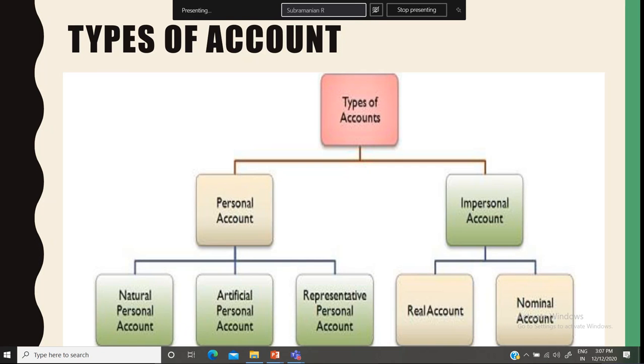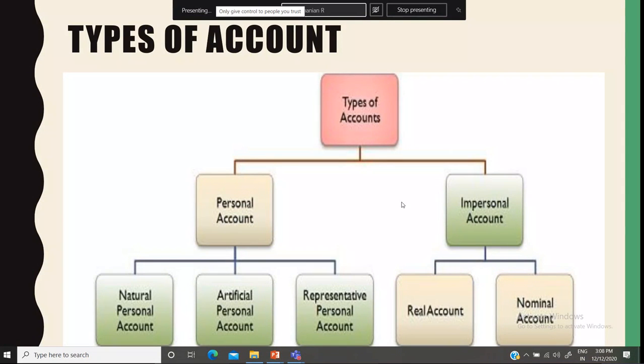Or if fire has occurred in your factory, you have incurred some loss, or theft has happened in the business, so due to that you have incurred a loss. All those things will come under the nominal account. So the nominal account means your expenses, your income, your gains and your losses. Four things will come under the nominal account.